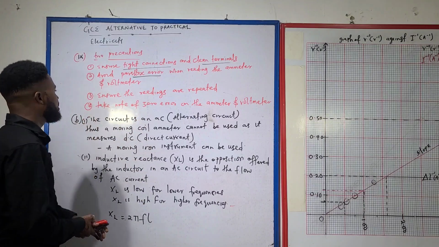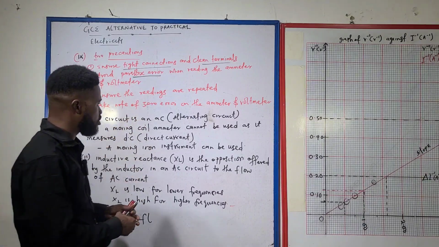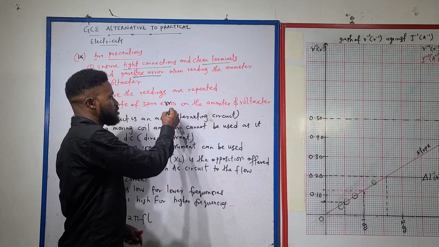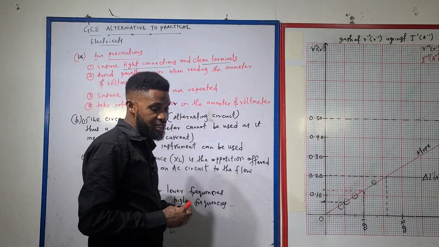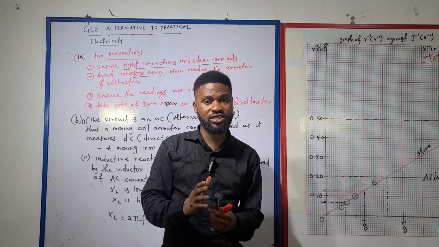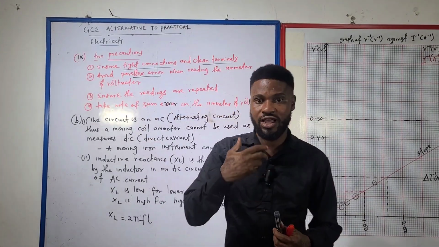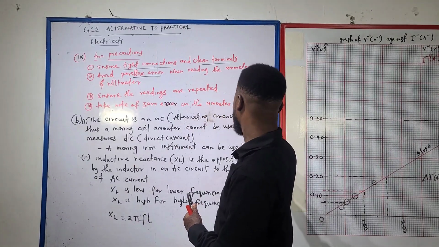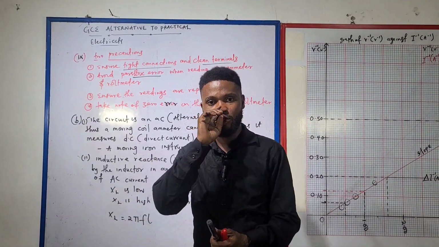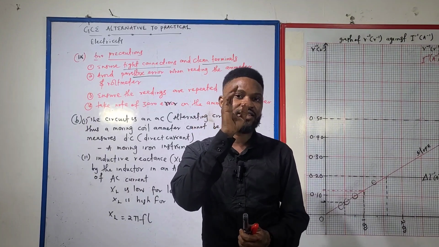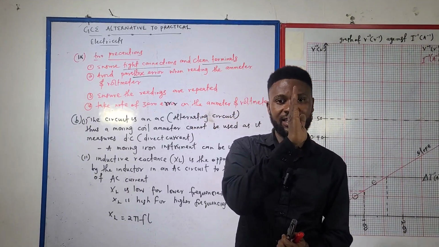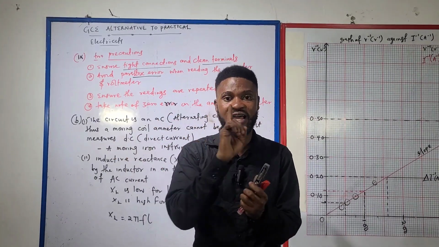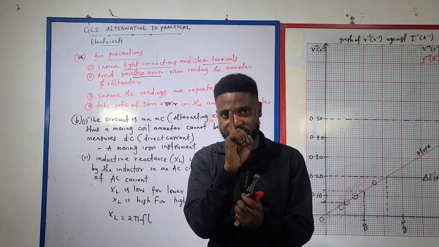Then lastly, you take note of zero error. At one time in some of our videos, I had talked about zero error. Zero error is this: I am using an instrument to take a measurement, but let's say in the case of the voltmeter, the arrow is not pointing at the 0 mark. Let's say you see some voltmeter or some ammeter, the pointer is off the 0 mark.